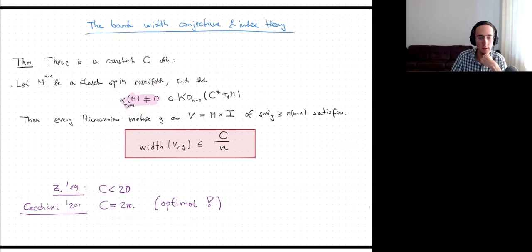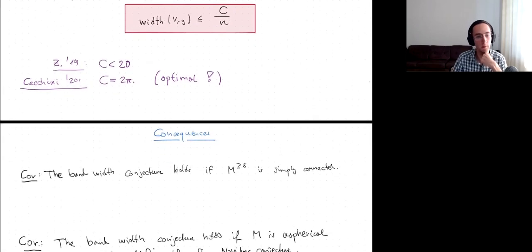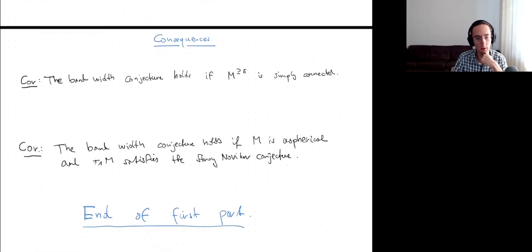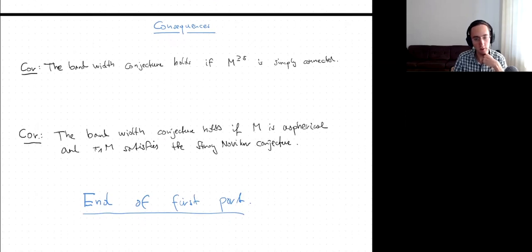And maybe as two consequences, the bandwidth conjecture always holds if M is simply connected. For this, you just combine the results of Gromov and Lawson and Stolz that I mentioned before, because if it's simply connected and does not admit PSC, then it must be spin, and then by Gromov and Lawson, and by Stolz, it must have non-trivial alpha invariant, and then you can apply the theorem and you get that the conjecture holds.